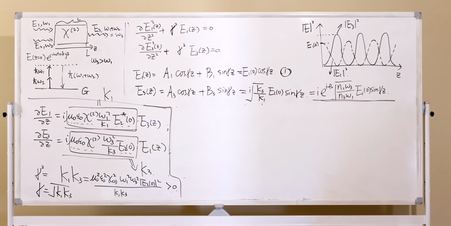And now it's interesting how we interpret the minus sign in front of omega 1. Previously, for example, for harmonic generation, we have h bar omega plus h bar omega equals h bar 2 omega.